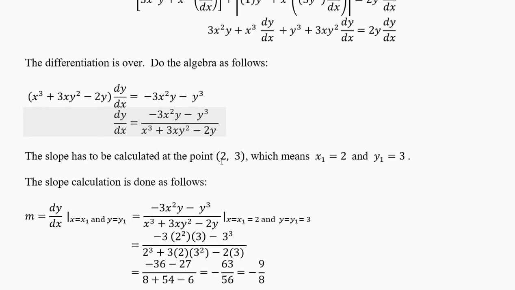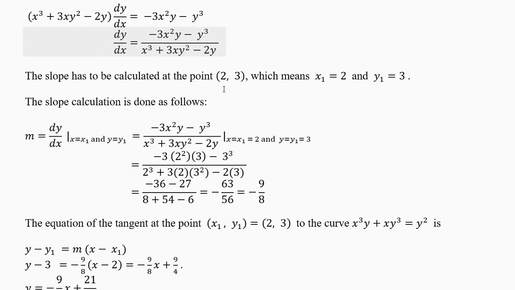You have to be careful about the plus and minus. Now the point is 2 comma 3, x1 equal to 2, y1 equal to 3. Now find the slope. M equal to dy by dx, x equal to x1 and y equal to y1. Now put x1 equal to 2. 3 into 2 square into y equal to 3. 2 square is 4 into 3, 12 into 3, 36.